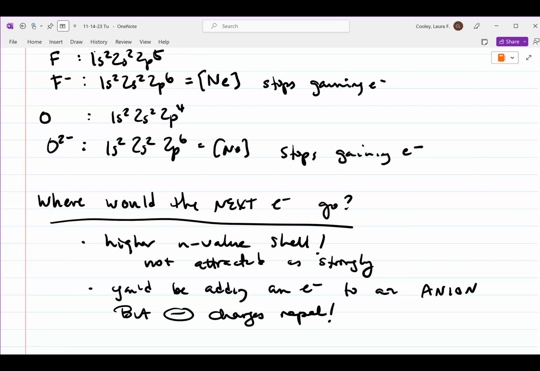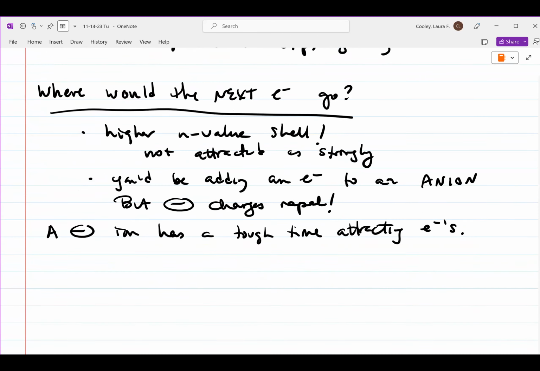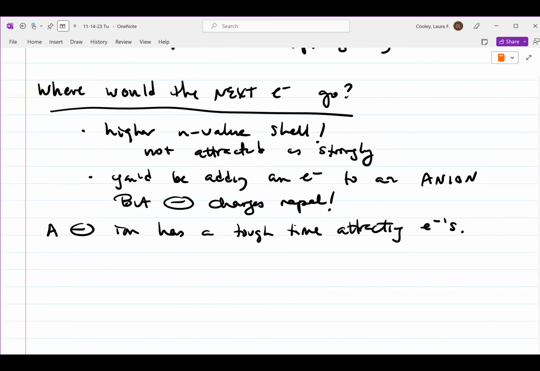So this is not going to be easy. It's not going to release so much energy. So a negative ion has a tough time attracting electrons, especially when they're going to go into the next shell. So basically, nonmetals stop gaining electrons at the rare gas configuration.